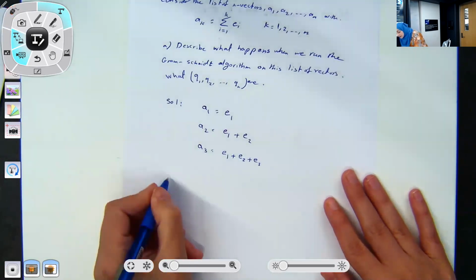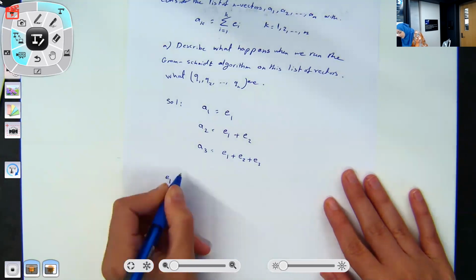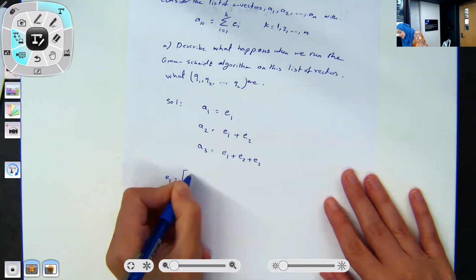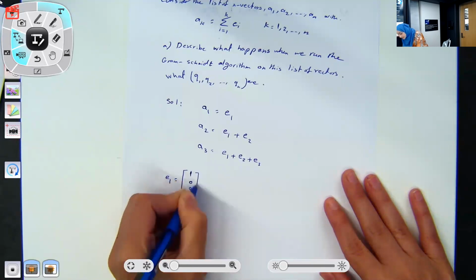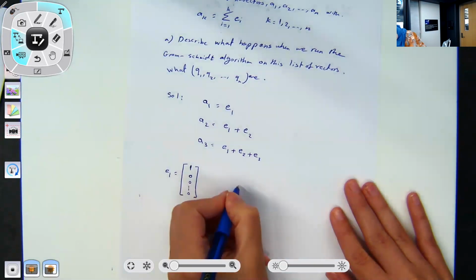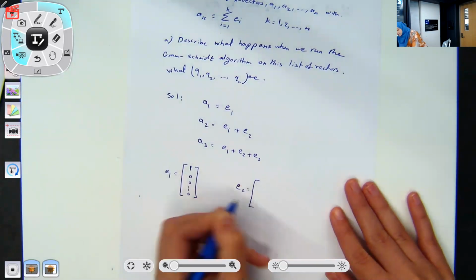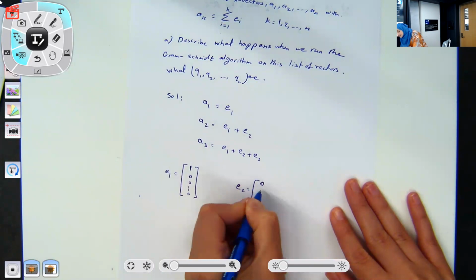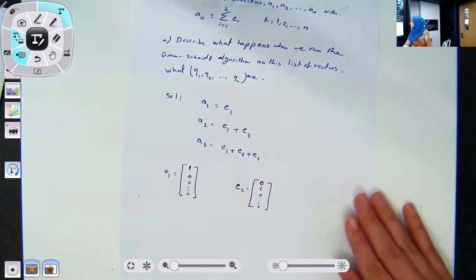We know that the value of E1, which is the unit vector, has the first term equal to 1 and the rest 0. This is the vector E1. And the vector E2 has the first term 0, the second term 1, and the rest 0. This is the second vector.